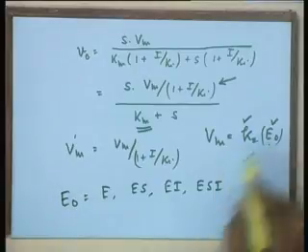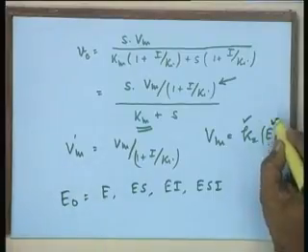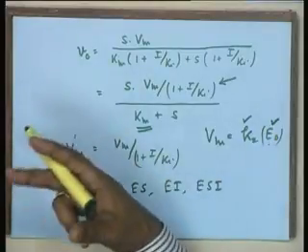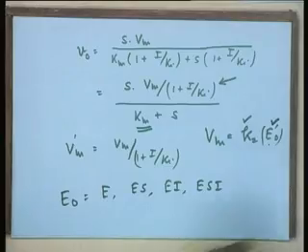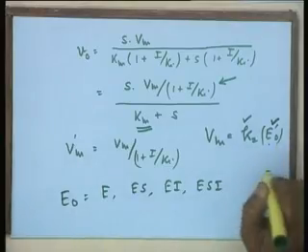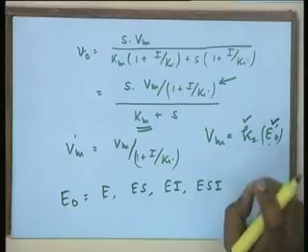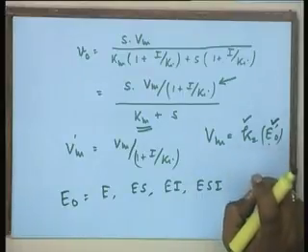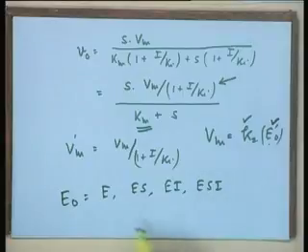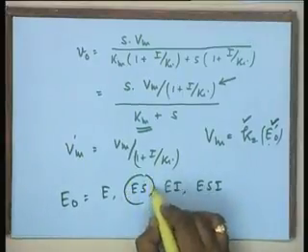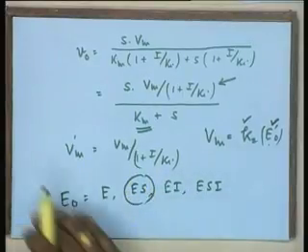So, basically E0 is not reduced, but the effective total concentration of enzyme which is catalytically functional is reduced, and it is only the ES component which is catalytically functional.